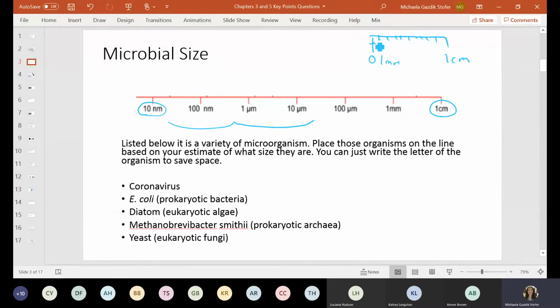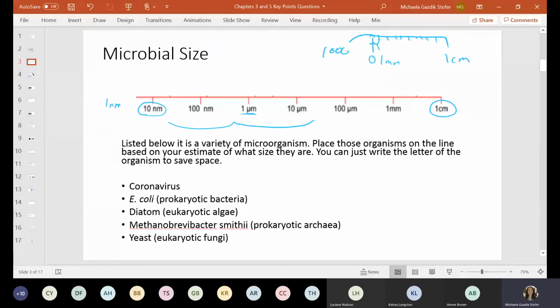What you want to then picture, if on that ruler you picture that one little 1 millimeter line, and you take that little line and break it down into another 1,000 lines, then you would be at 1 nanometer. So these are very, very tiny things that we're talking about.